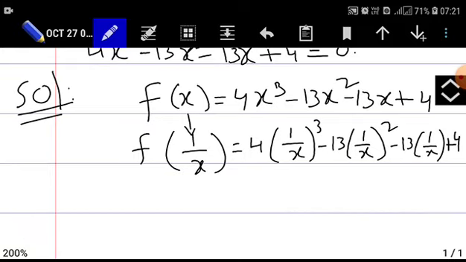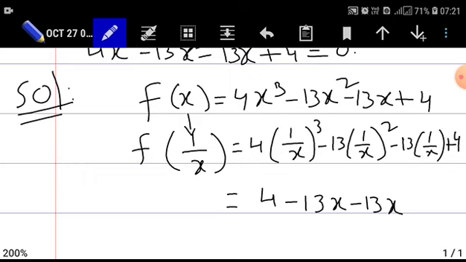Now if you take the LCM on the right hand side, x cube will be the LCM, and we get 4 minus 13x minus 13x square plus 4x cube is equal to 0.